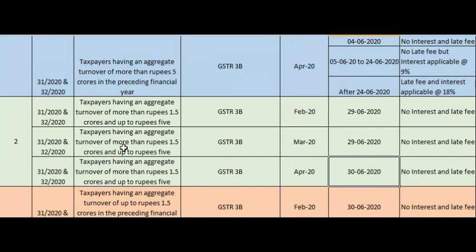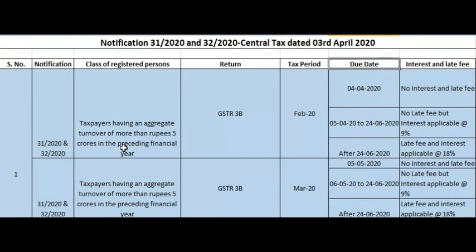However, if the GSTR 3B for the month of February 2020 is filed between 5th of April 2020 and 24th of June 2020, then no late fee shall be levied, but the interest shall be applicable at the reduced rate of 9% per annum instead of the regular 18% per annum. If the GSTR 3B for February 2020 is filed after 24th of June 2020, then both late fee and interest shall be applicable, and the interest shall be applicable at the rate of 18% per annum.